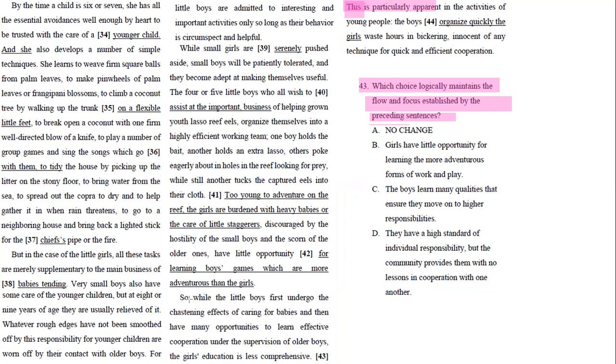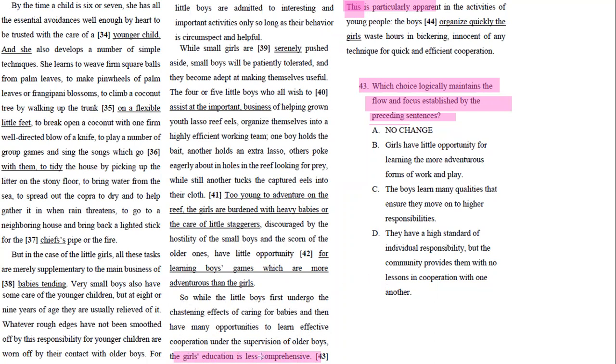So it says here, while the little boys first undergo the chastening effects of caring for babies and then have many opportunities to learn effective cooperation under the supervision of older boys, the girls' education is less comprehensive. This is the main idea of the paragraph. Girls' education is not as comprehensive or as good as the boys'.